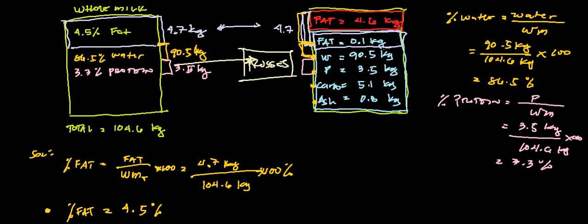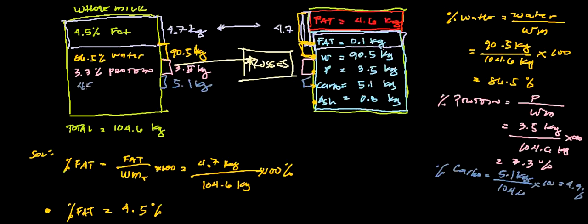Then for the carbohydrate, this part here is 5.1 kilograms. So for the percent carbohydrate, we have 5.1 kilograms divided by 104.6 times 100, which is about 4.9% carbohydrate.